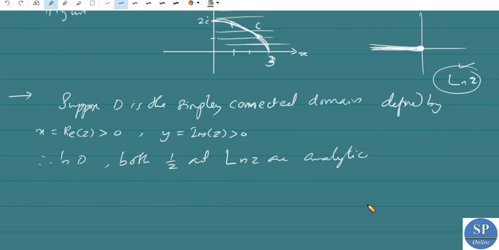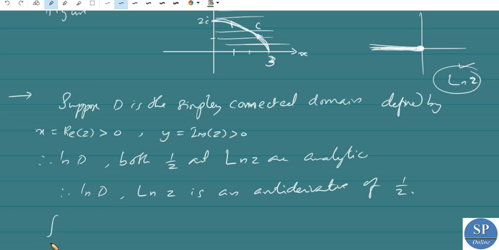Therefore, in D, ln z is an antiderivative of 1 by z.